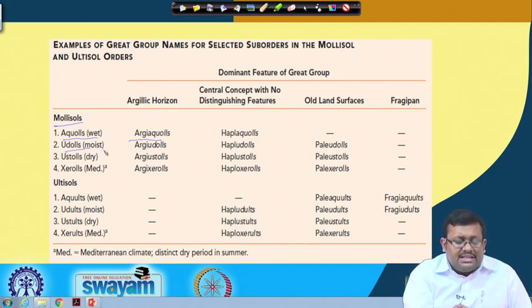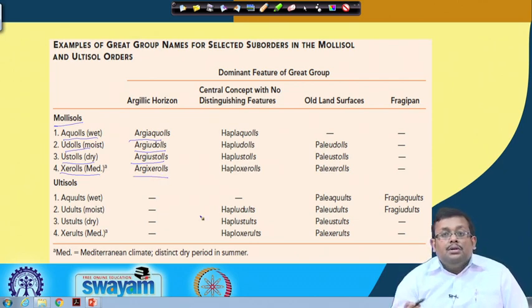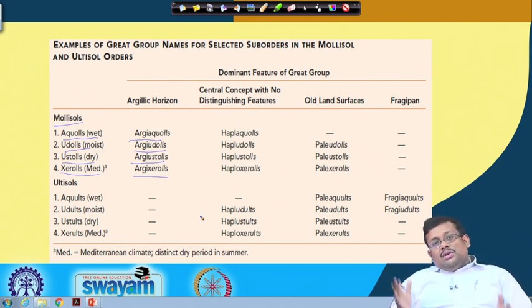Udolls is a suborder, then Argiudolls. Ustolls, which shows dry, implying the dry condition, Argiustolls. Xerolls, Mediterranean climate, Argixerolls. So, these are examples of great groups which are present in Mollisols. Similarly, you will find them in the case of Ultisols also.